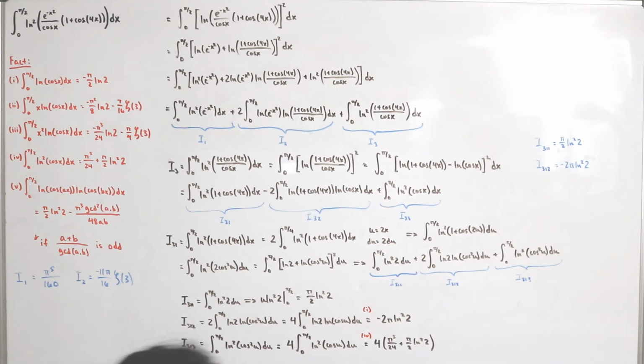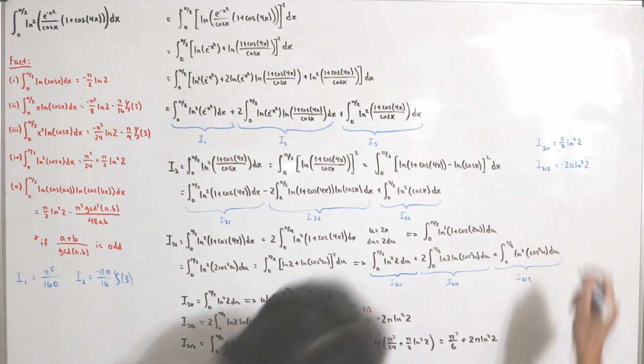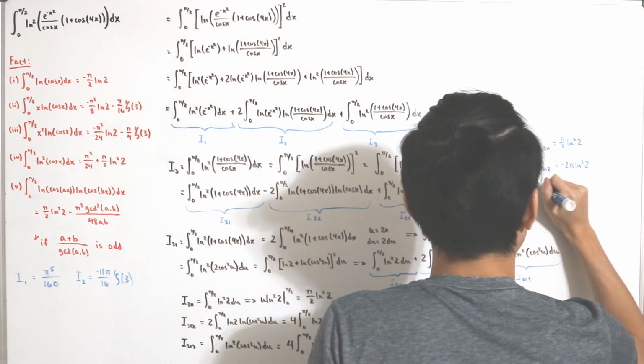To simplify, we get pi cubed divided by 6, since 4 times that, plus 2 pi ln squared 2. Okay, cool. And that's our I sub 313. Okay, now I'm just writing what we have.